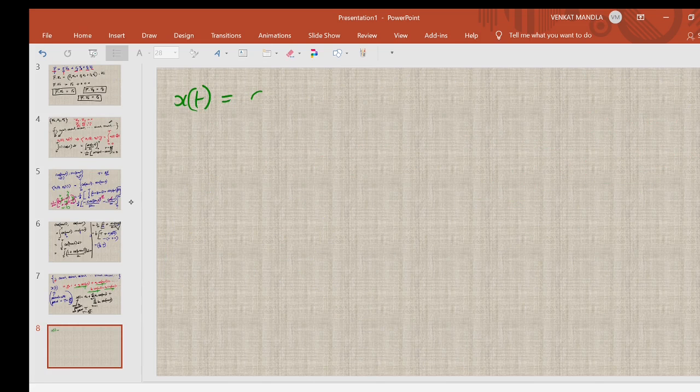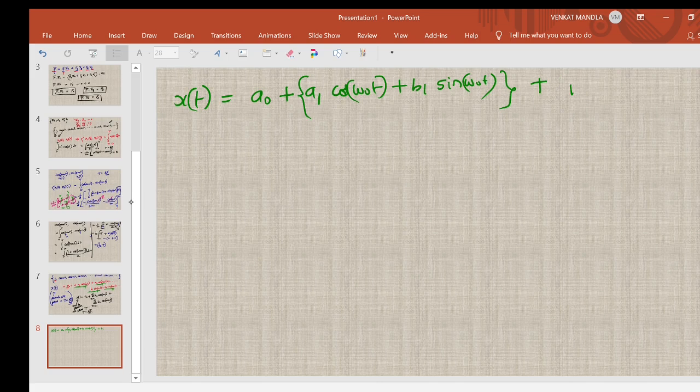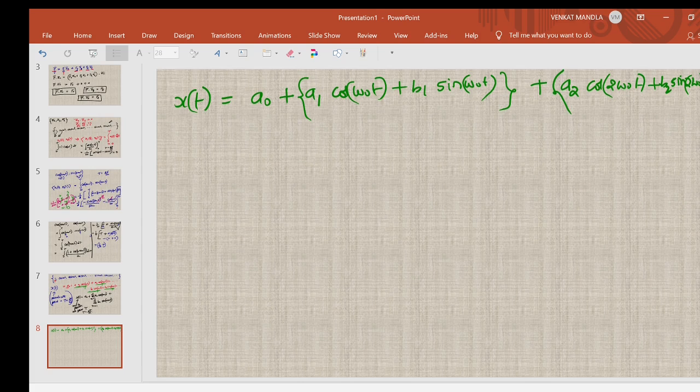So x of t is a naught plus a1 cos omega naught t plus b1 sin omega naught t, which is called the fundamental frequency component of x of t, and a2 cos 2 omega naught t plus b2 sin 2 omega naught t, which is called the second harmonic of x of t, and so on.